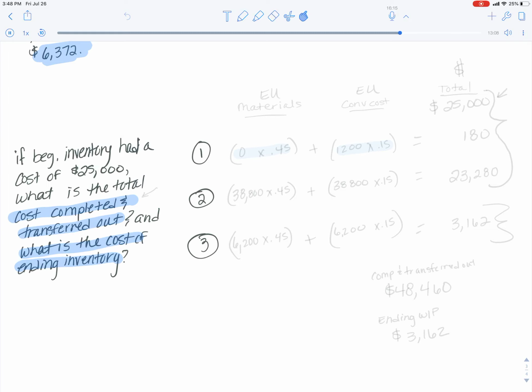We're using equivalent units. So here we had equivalent units. If you go up to step 2, you'll see those are our equivalent units for material. And then we're going to use our equivalent units for conversion cost. And we'll put that here.